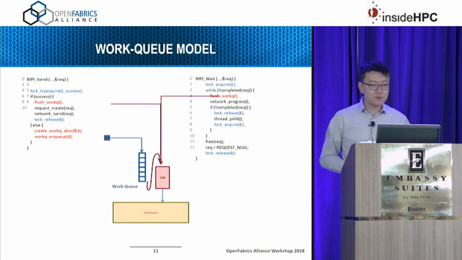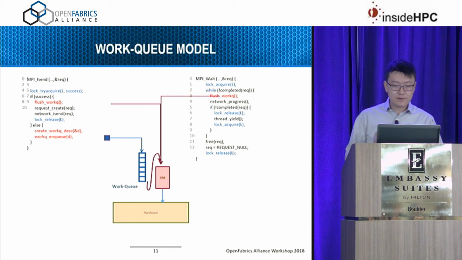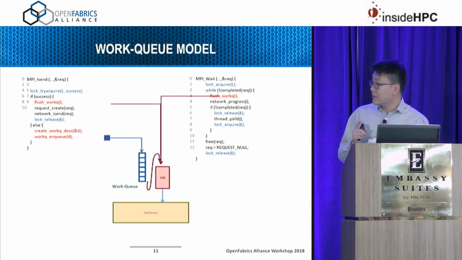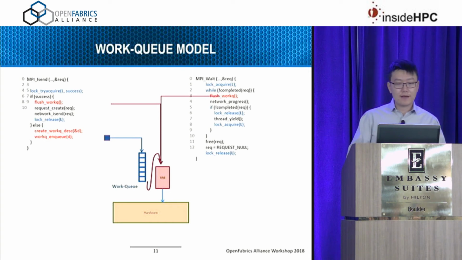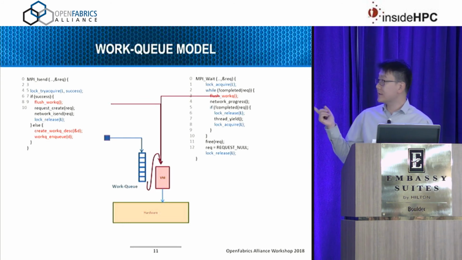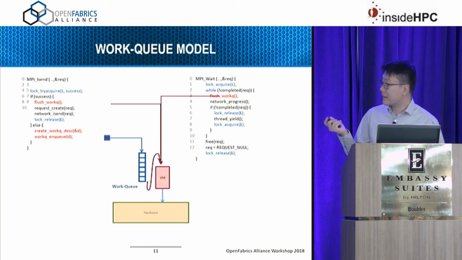The code might be too small here, but basically here is an example. Like I mentioned, non-blocking calls like MPI_Isend could run into contention with MPI_Wait because they all have to get a lock.